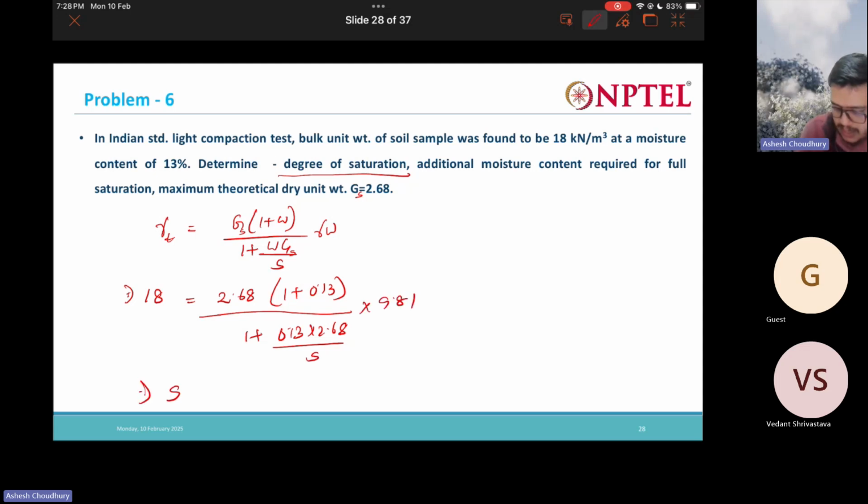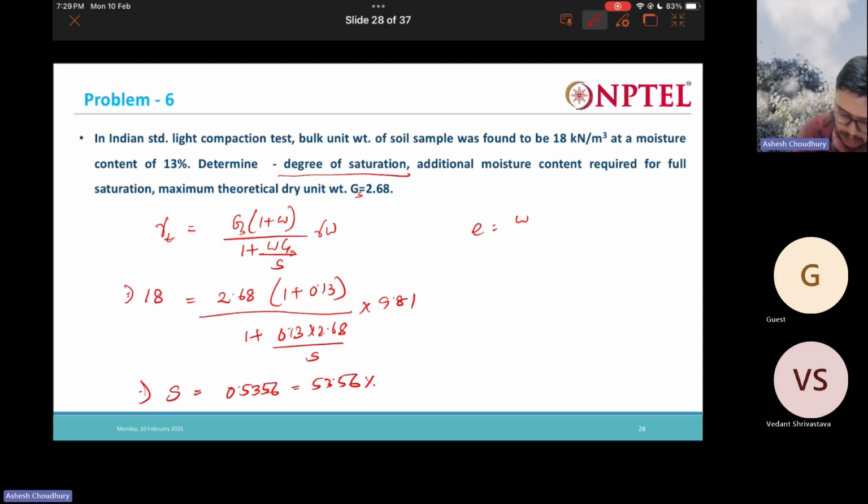From here I can find S, the degree of saturation, 0.5356, which is equal to 53.56%.